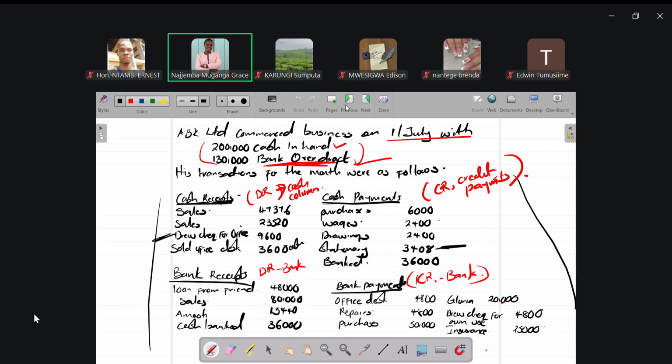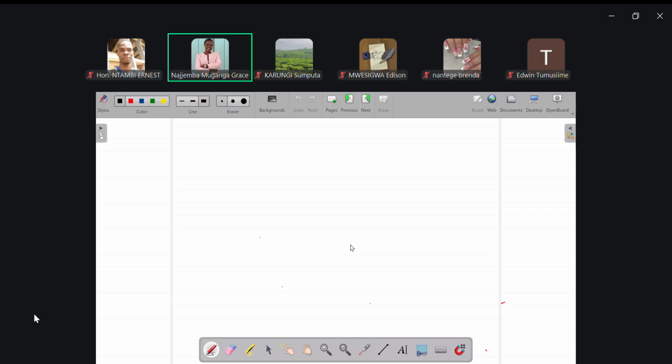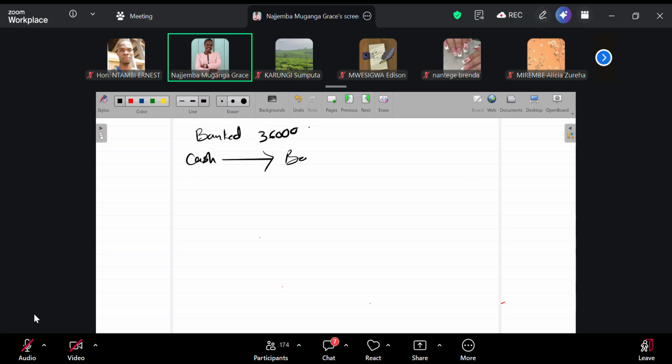Then banked 36,000. Someone to take us through. Banked. I think it is also a contra entry whereby cash is losing to bank. Yes, this is a contra entry. Banked, it means you had cash. Cash is giving to the bank.